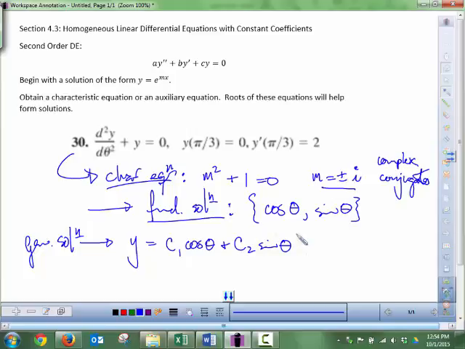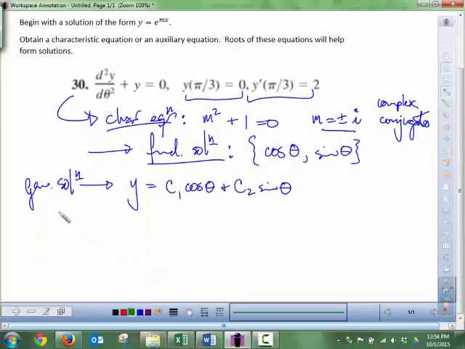And then with the initial conditions, it'll help you solve for C1 and C2. This is a second order differential equation, so not only do we have two fundamental solutions, but we should expect two arbitrary constants. That's a C1 and C2. And so you would need two equations to solve for those two unknown arbitrary constants.